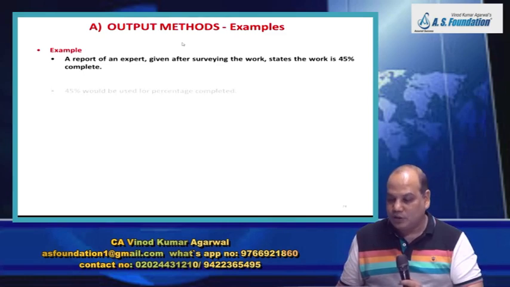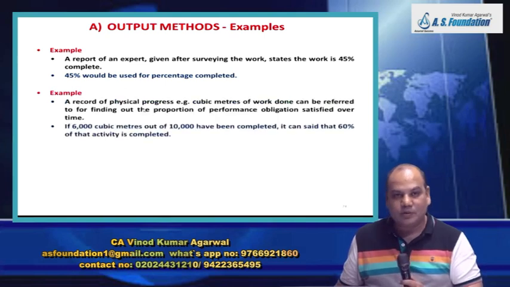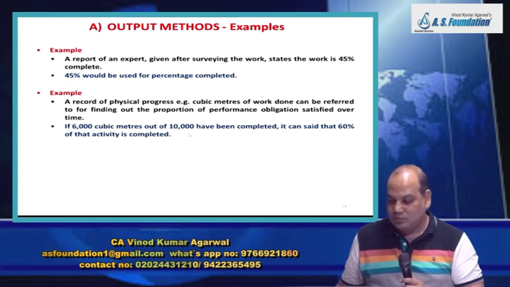Example of output method: a report given by an expert that 45% work is complete. Second example, physical proportion of the work done. Like, suppose 10,000 cubic meters of work has to be done, and 6,000 cubic meters of work has been done. Okay.